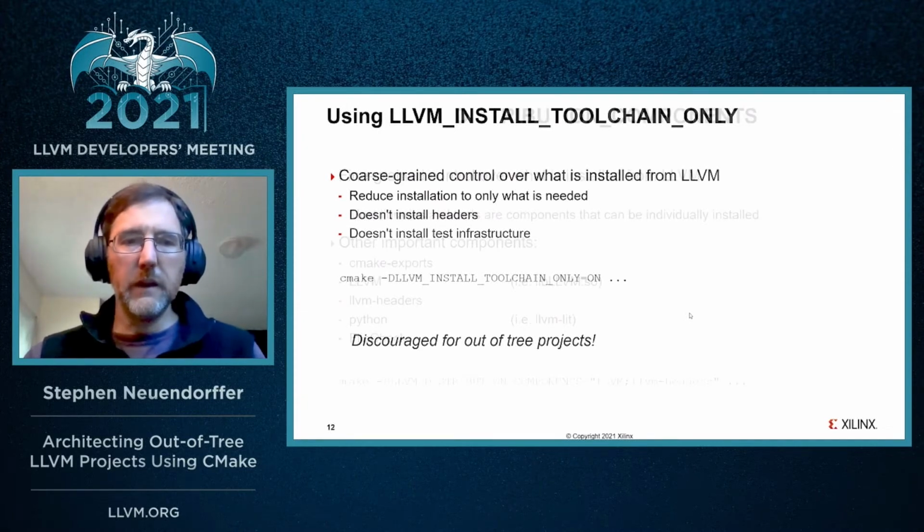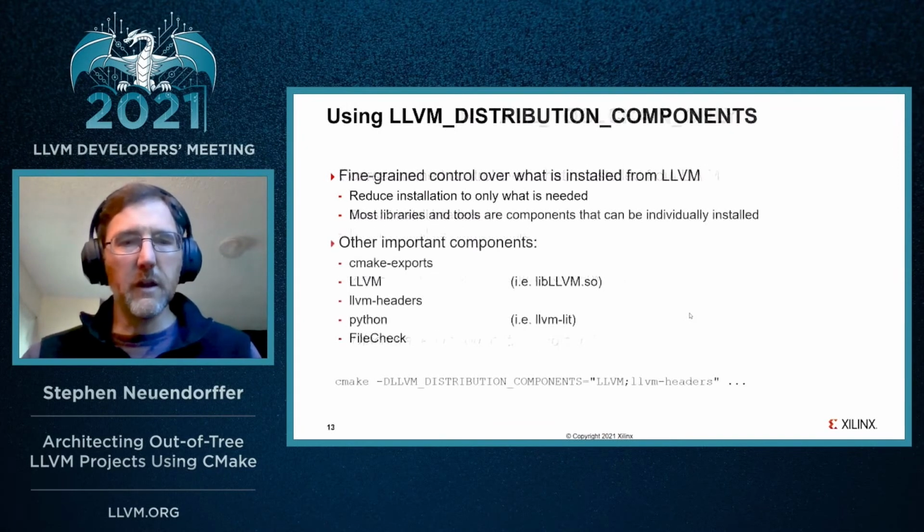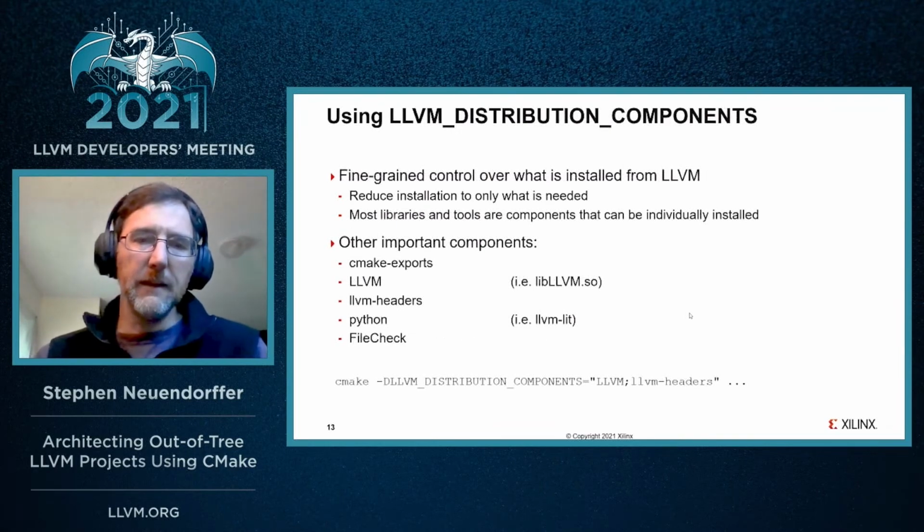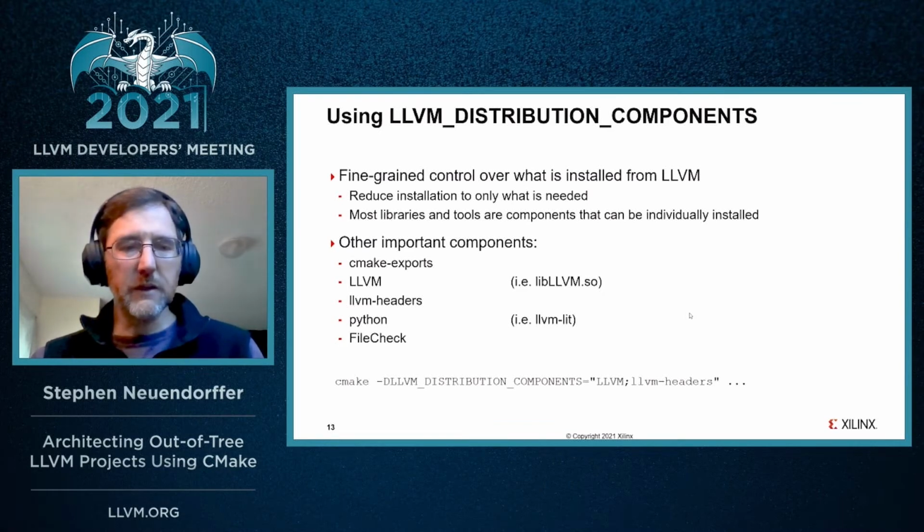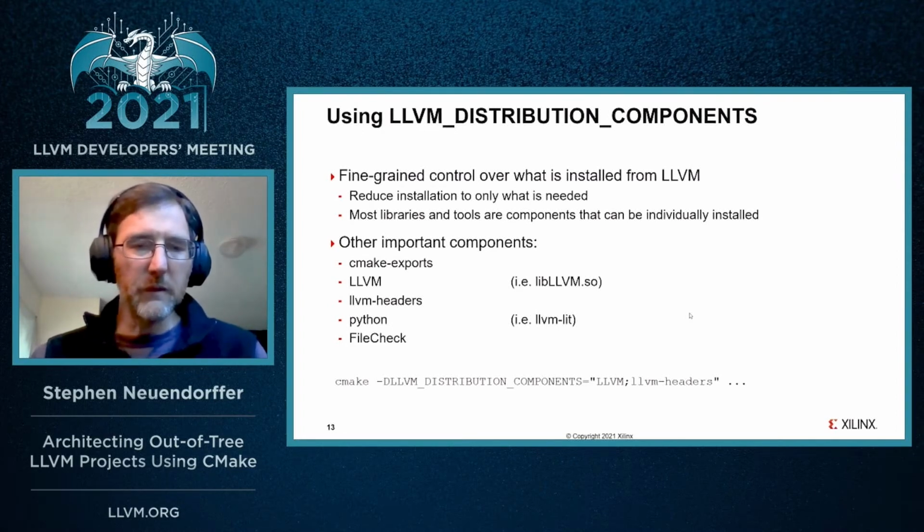Instead, I would recommend using LLVM distribution components as an option. And this gives much finer grained control over what gets installed. The big advantage is that we can install things like the headers and the test infrastructure from LLVM along with your LLVM build, so that we can then make use of them when we're doing an out-of-tree componentized build. The option down here looks something like this.